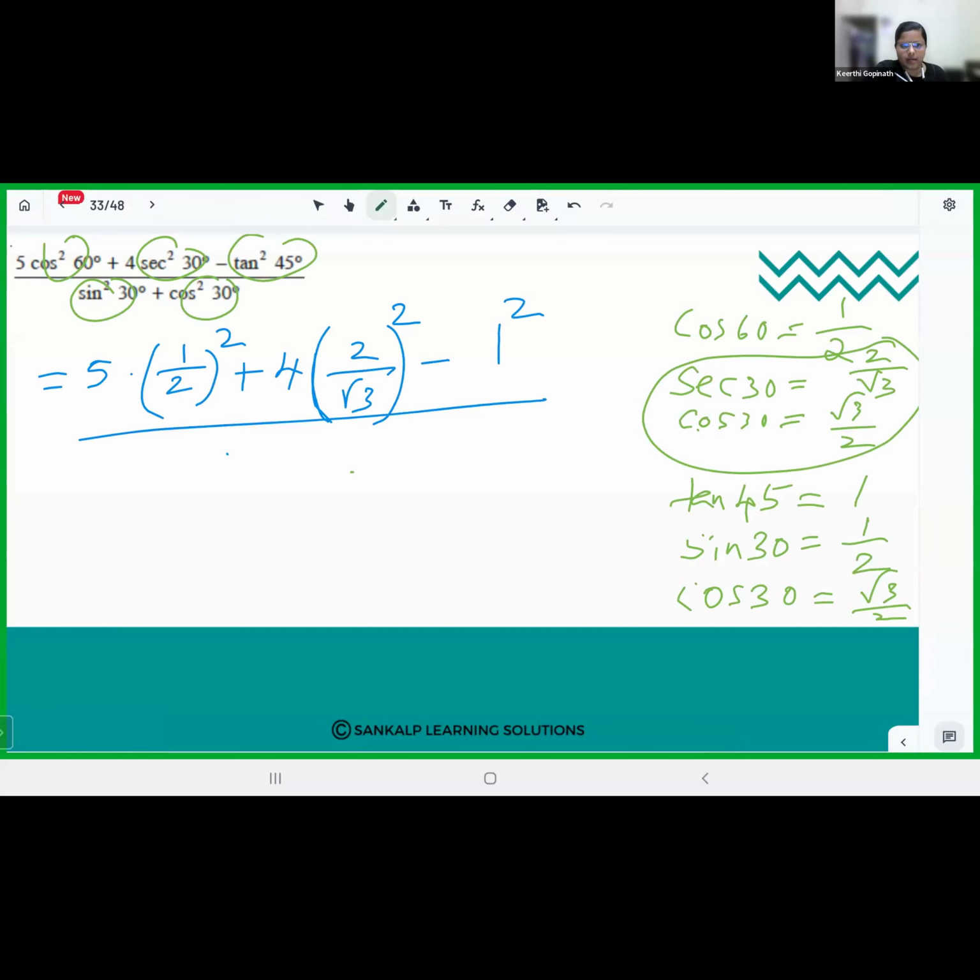Okay, tan 45 is 1, tan square 45 is 1 square. So 1 square is also 1 itself. Now sin 30 is 1 by 2 the whole square plus cos 30 is root 3 by 2 the whole square.